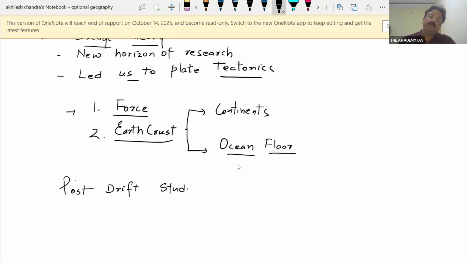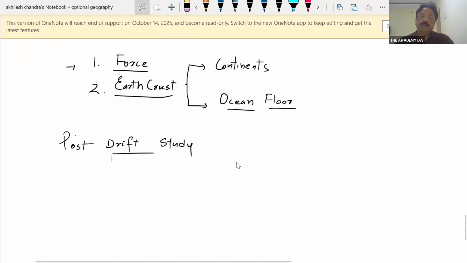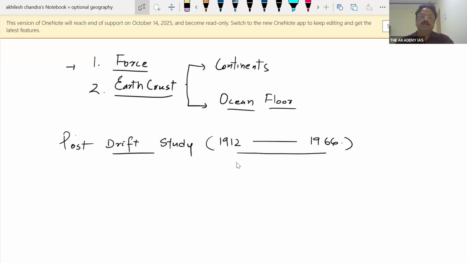That's why the first thing performed was the post-drift study. The period is from 1912 to 1966. This is the period of post-drift study. And in this phase, the first thing performed was sea floor mapping.